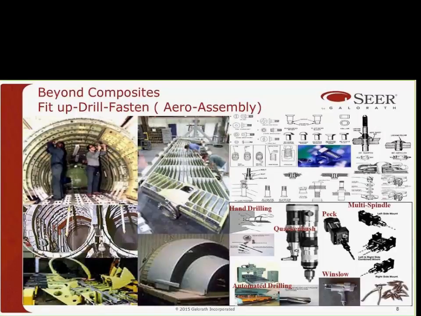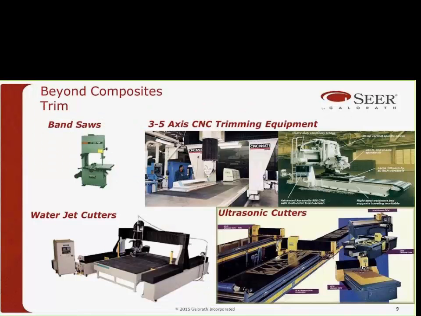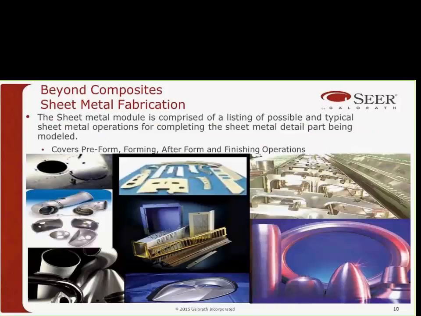You can use SEER for Manufacturing to model the entire assembly of large systems, in fact, entire aircraft, using fit-up, drill, and fasten modules. There's an extensive trimming module, which includes processes such as routing, bandsaws, CNC machining, ultrasonic cutters, water jet cutters, and others, all configurable inside SEER.